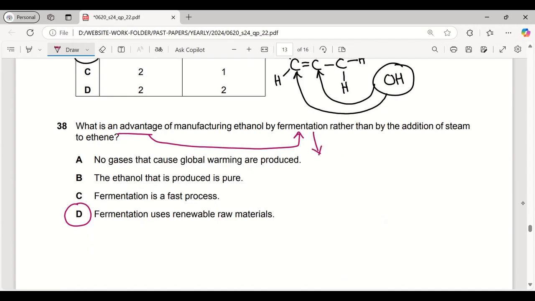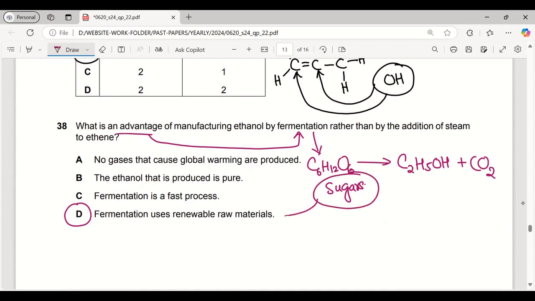In fermentation, the renewable raw material is glucose or sugars. From the sugars, under the influence of yeast, the sugars undergo decomposition and form ethanol, which is C2H5OH, plus carbon dioxide. So the sugars are a renewable resource. So this is the advantage of manufacturing ethanol by fermentation.